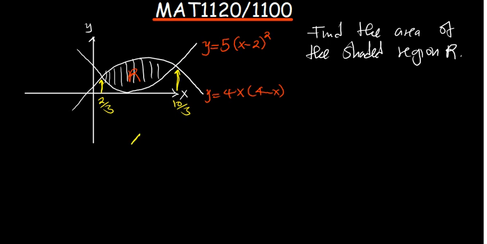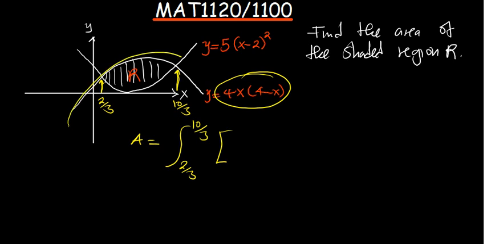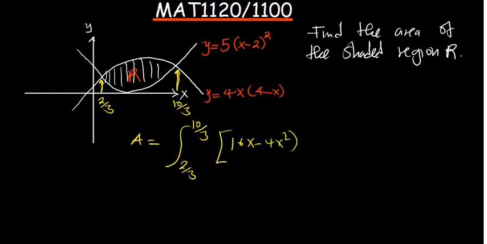And the same is going to apply on working out this question. So therefore, the area is given by the integral between the limits. The upper limit is 10 over 3, the lower limit is 2 over 3. And then we are going to get the equation that is giving us the upper limit, which is this one, which will give us the upper area. And I'm going to expand, so that is going to be 16x minus 4x squared. And then from there, we are going to remove the equation giving us the lower limit. We expanded that one already.